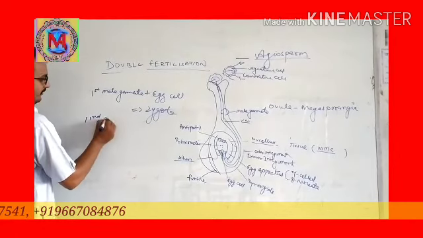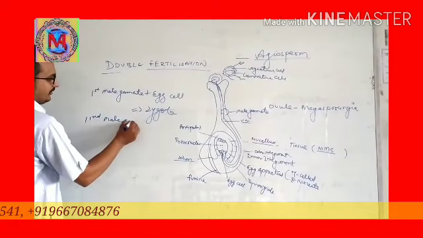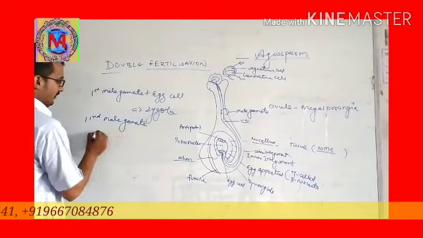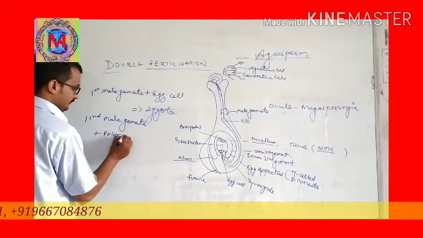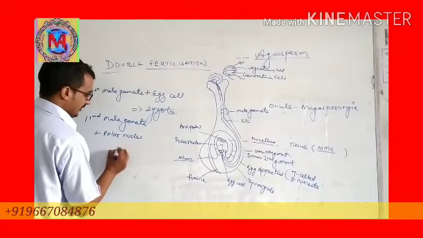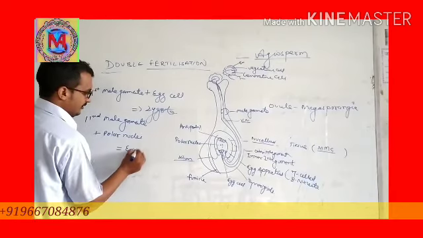And the second male gamete will fuse with these polar nuclei. It will form the endosperm.